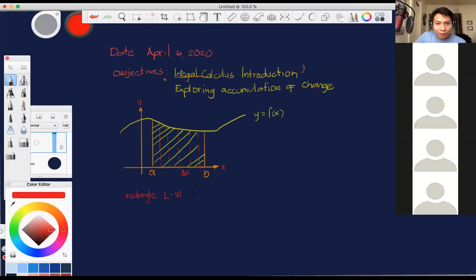So guys, your width for this one would be your delta x, and your length will just be your f of x.